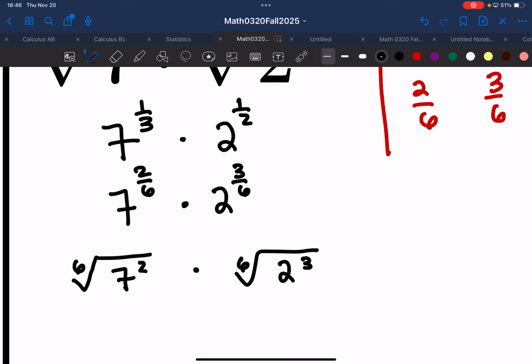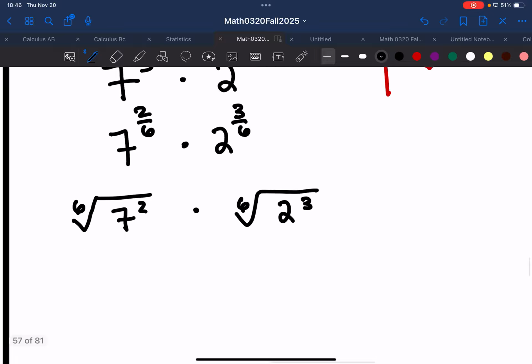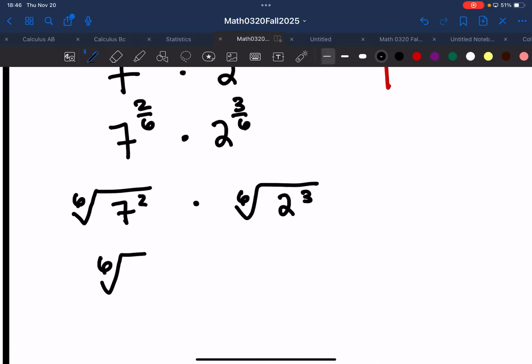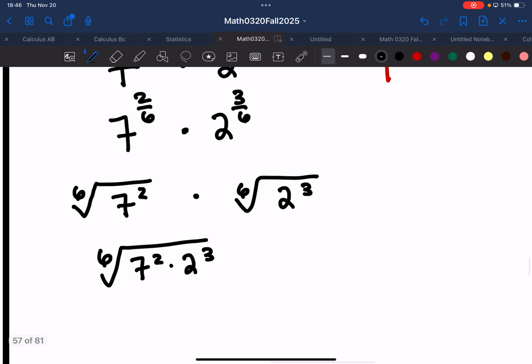Okay, so now that they're both the 6th root, I can use my property of multiplication, and I can do what with the insides? Multiply them. So this is now the 6th root of 7 squared times 2 cubed. And I have to figure out what that is, right? So what is 7 squared? 49.